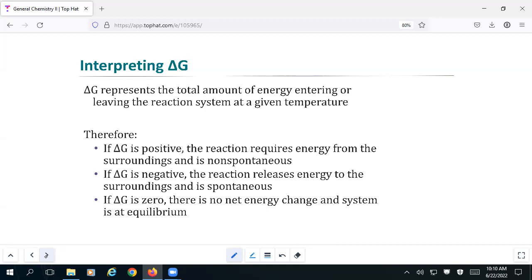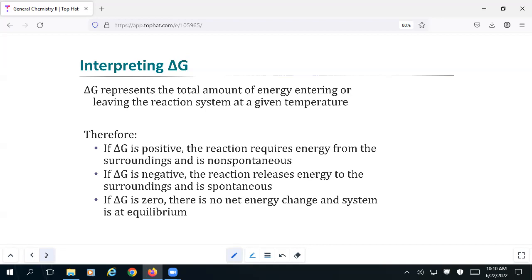So if delta G is positive, that means that the net energy flow, the total energy flow, is positive. It is coming into the system. And energy flow into the system is going to mark a non-spontaneous process, because that means that we have to continually provide the reaction energy in order for it to run.